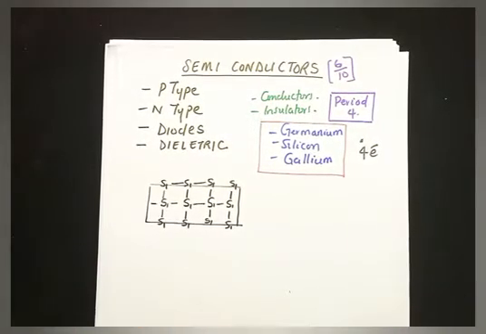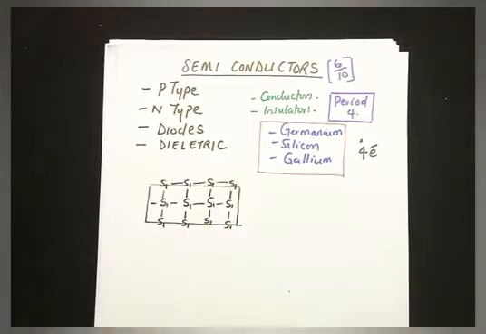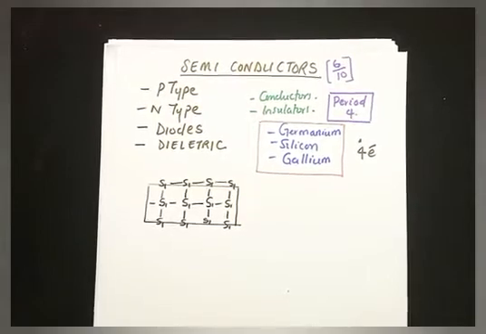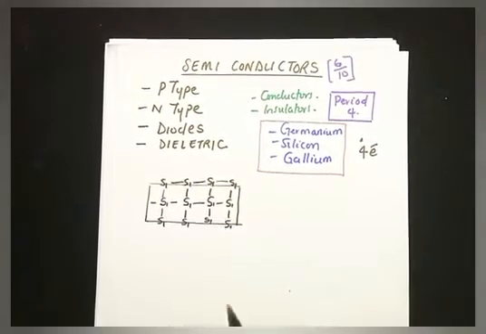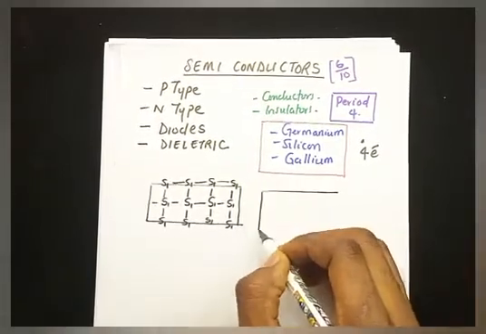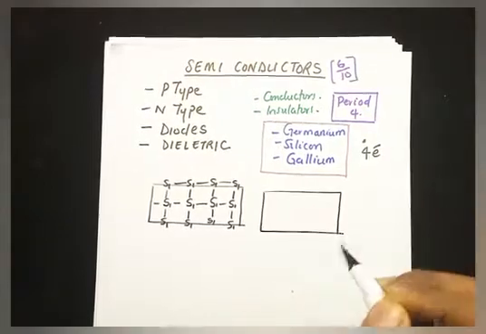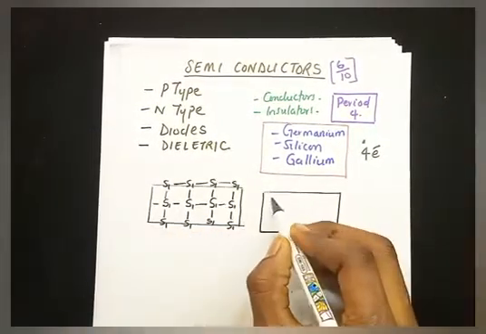Now, we've also discovered that in some instances they conduct electricity and in other instances they do not. So semiconductors are divided into 2 main types. Let us look at this semiconductor in this way.